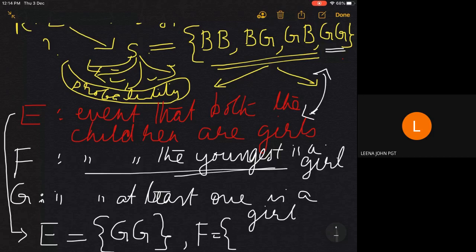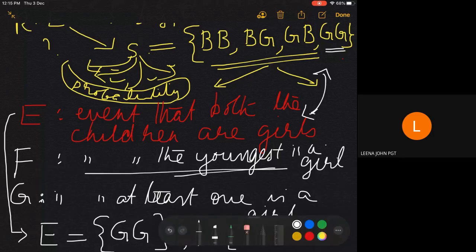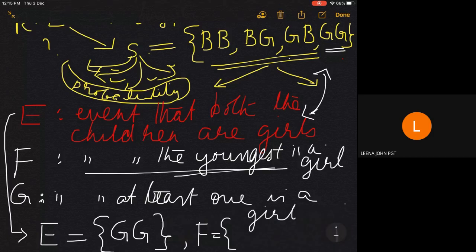Which outcomes in the sample space have the youngest a girl? Here the youngest is a girl, and here also the youngest is a girl. So we have BG and GG.